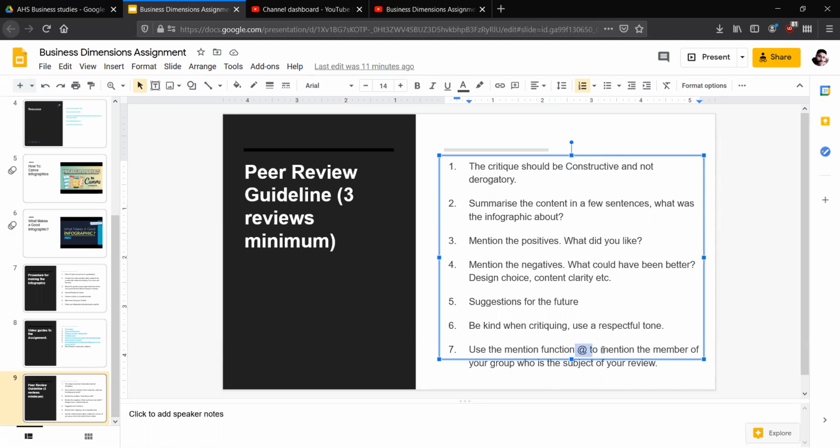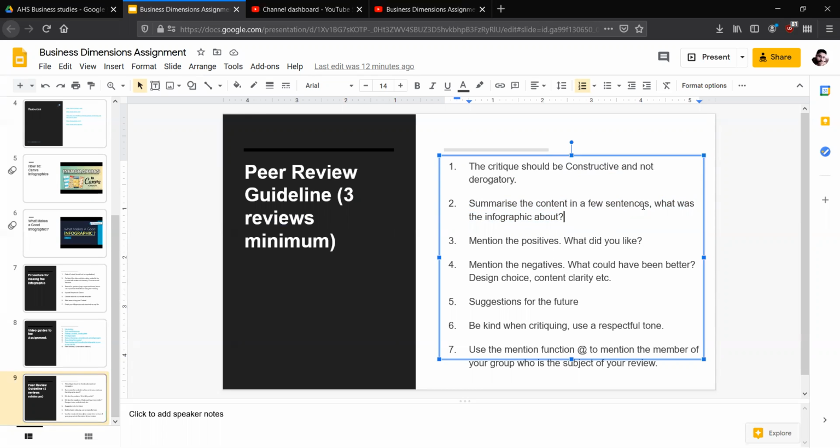Start by mentioning, so use at and mention the group member whose work you are reviewing. So, at so and so, and then summarize the content in a few sentences. What was the infographic about? So, excellent.